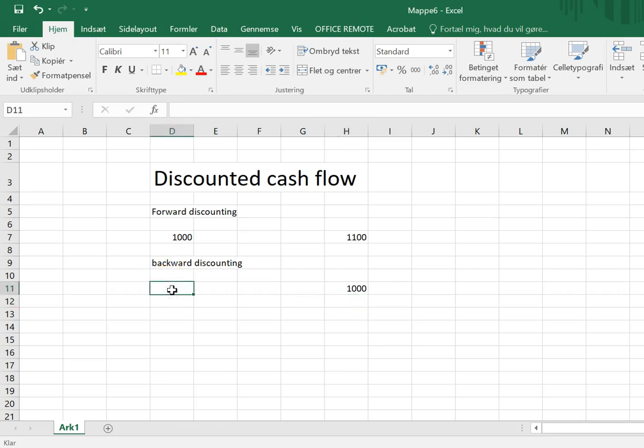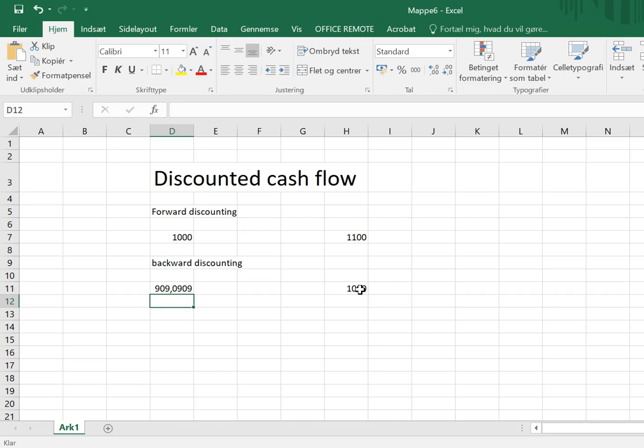Well, then I don't multiply, I divide, so I'll get a smaller value, divided by, in brackets, 1 plus the 10%, and I will get a present value of 909.